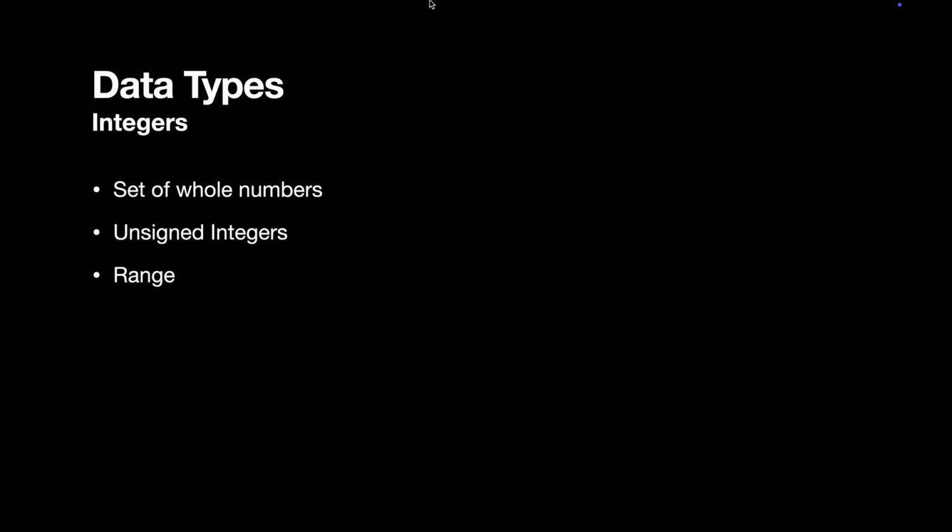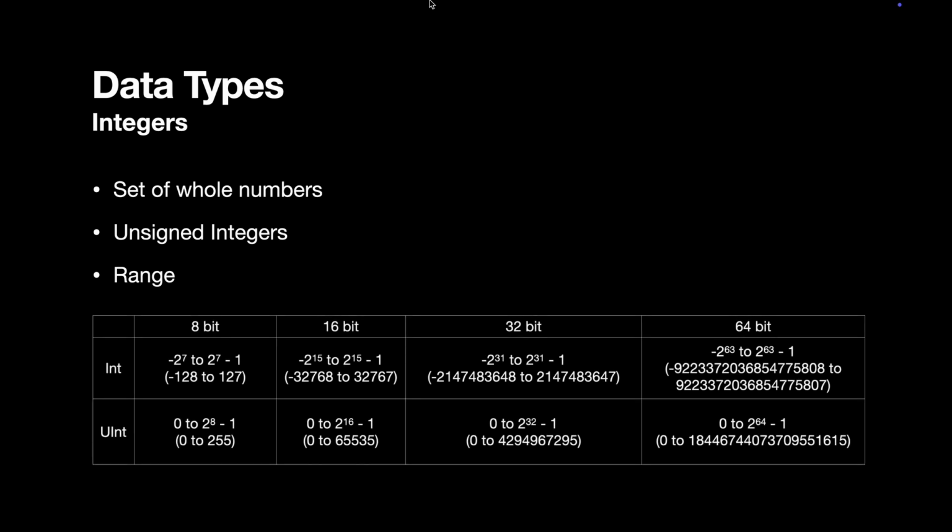So this is the different range that we have for different types of integers. As I told you, we have signed integers and unsigned integers, and depending upon the architecture, the type that you want to work with, the size of the integer, and the range, you can pick any of these types of integers.